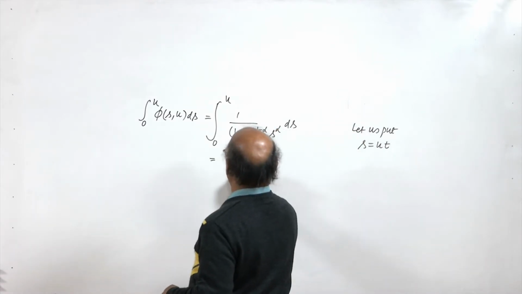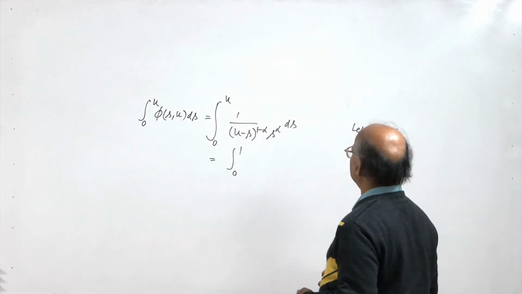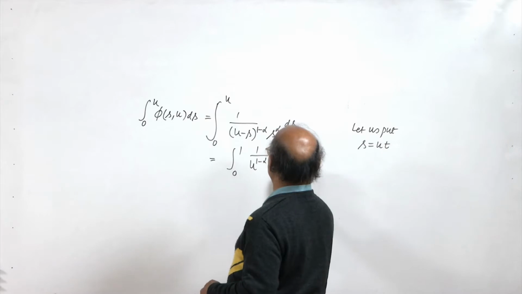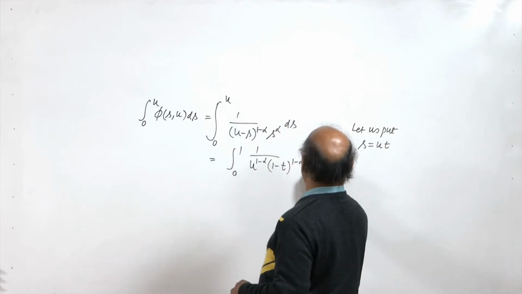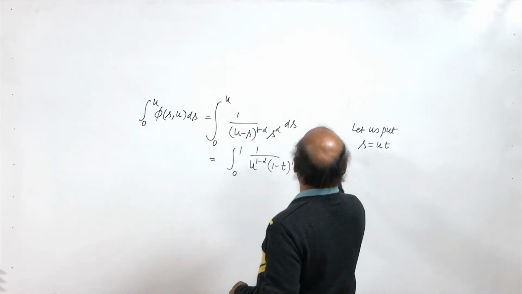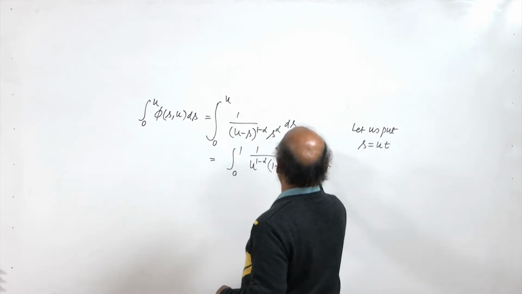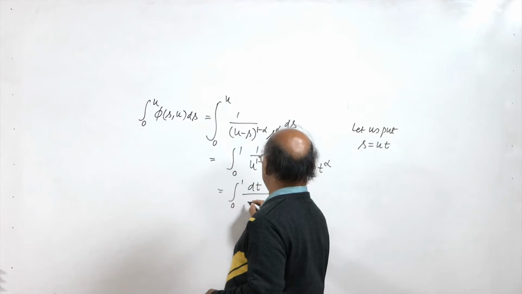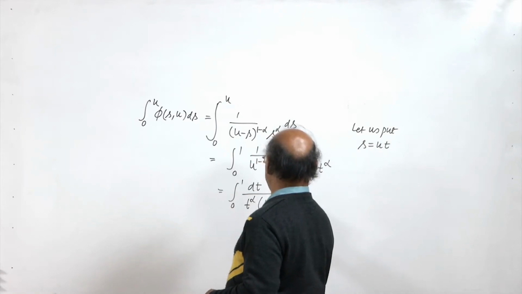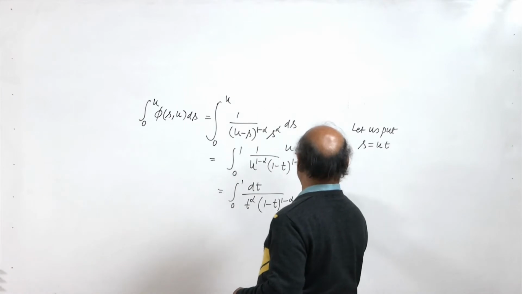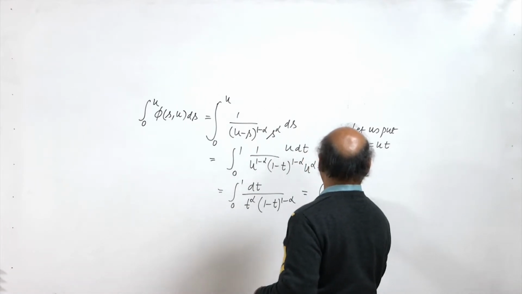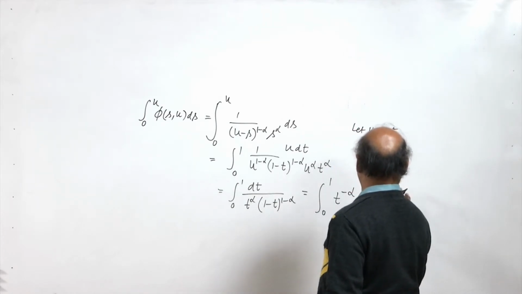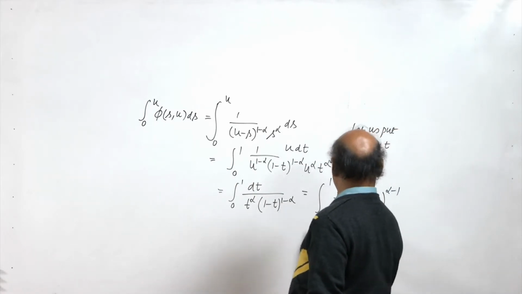Then this will change to 0 to 1, because when s is 0, t is 0, and when s is u, t is 1. We get 1 over u to the power 1 minus alpha, (1 minus t) to the power 1 minus alpha, s to the power alpha will be u to the power alpha t to the power alpha, and ds will be u dt. So, we will get integral 0 to 1 dt upon t to the power alpha (1 minus t) to the power 1 minus alpha, which we can write as t to the power minus alpha (1 minus t) to the power alpha minus 1 dt.